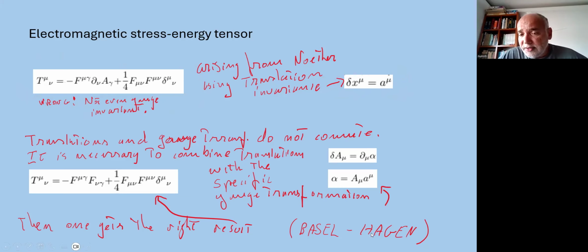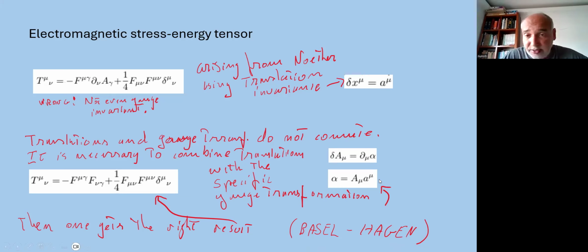The problem was identified by Belinfante, a long time ago. I think he was a contemporary of Noether. This happens because translations and gauge transformations do not commute. And he found that he had to combine space transformations with gauge transformations in order to obtain a gauge invariant result.